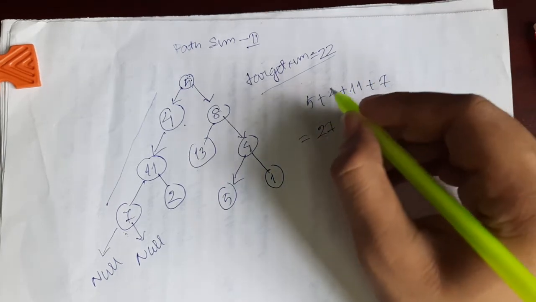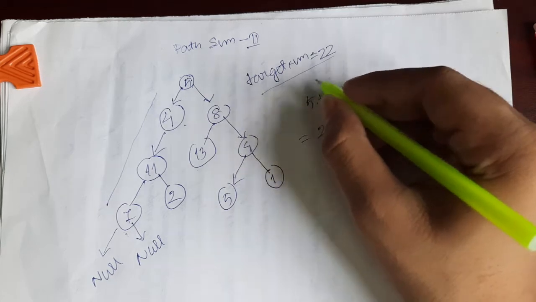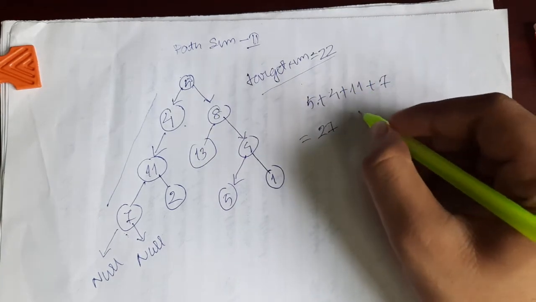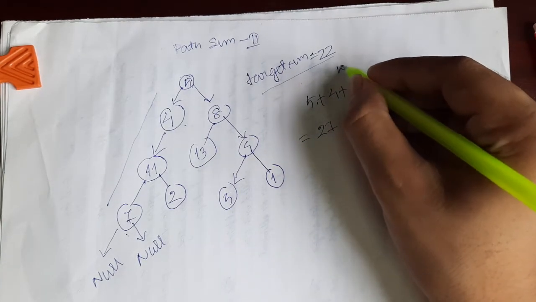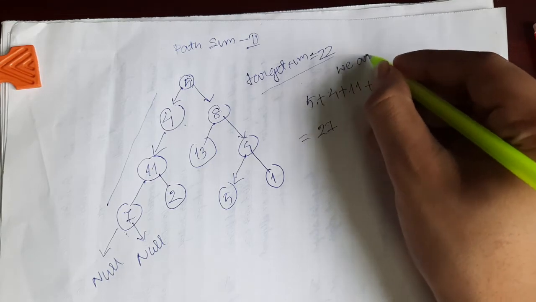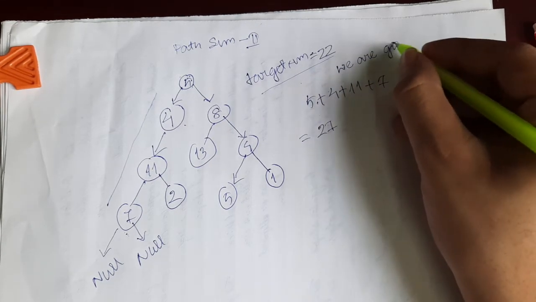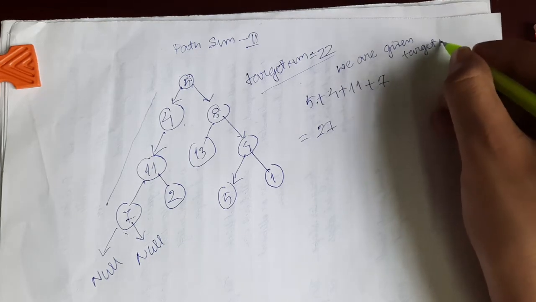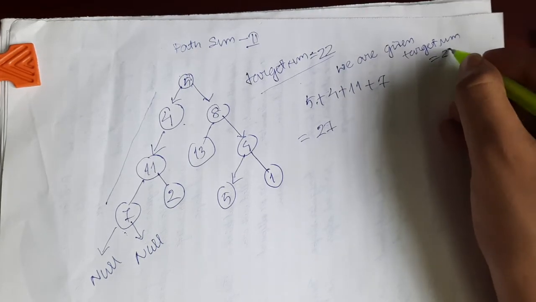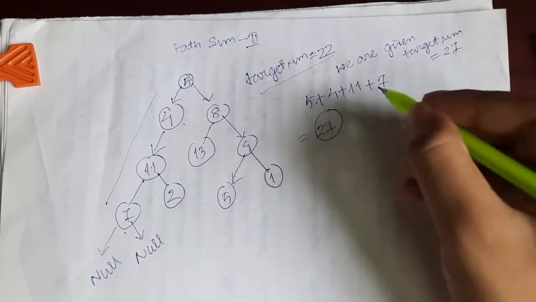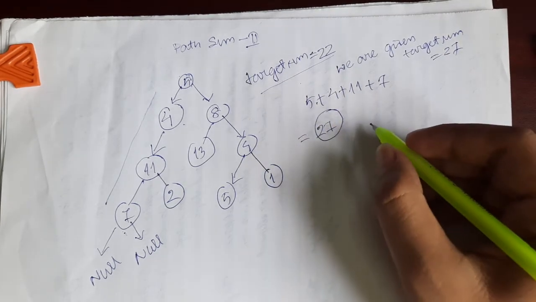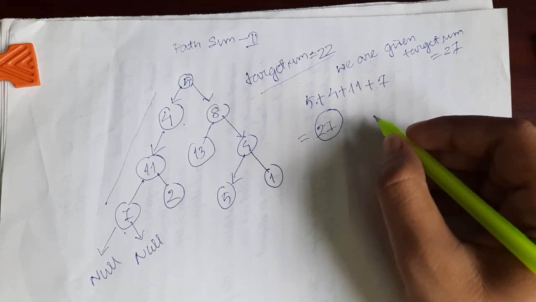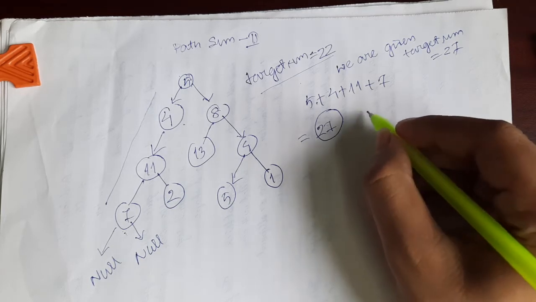Let me just give you an example. So suppose we are given the target sum as 27. So this is our node. Suppose target sum is 27. So in that case this will satisfy. So what will be the answer in this case? We will add that to our answer.